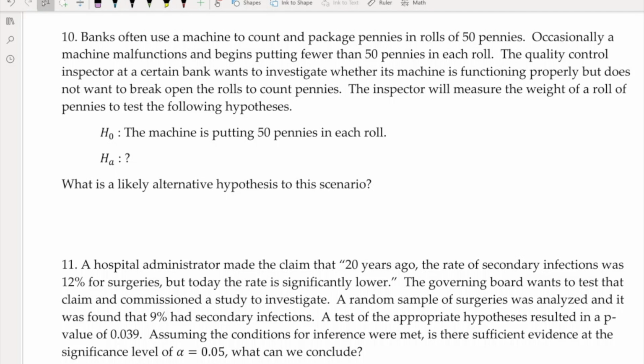The null: the machine is putting 50 pennies in each roll. What is the likely alternative hypothesis to this scenario? Well, I think you can agree with me that the machine is broken if it's putting more or less than 50 pennies in each roll. It's designed to put 50, that's what it should be. So my alternative is going to be the machine is not putting 50 pennies in each roll.